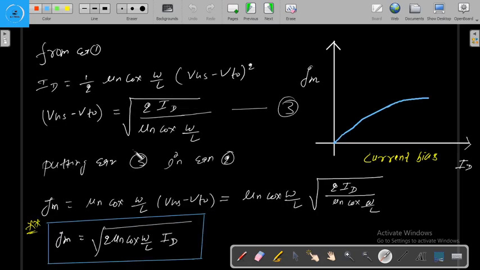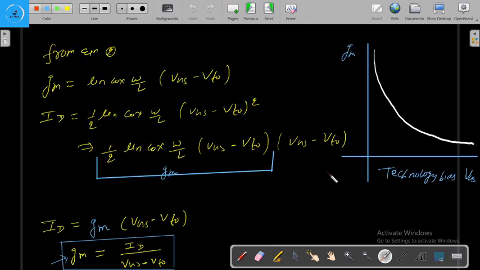Now we take the first equation and the second equation, and from here we have derived another formula for the transconductance: gm = √(2 μn Cox W/L Id), and this is the graph between gm and Id. This is called the current bias.